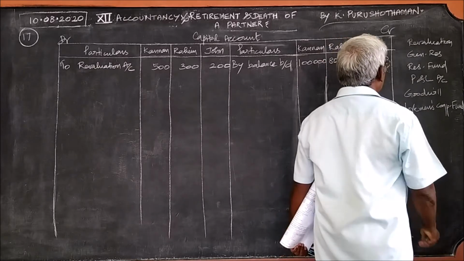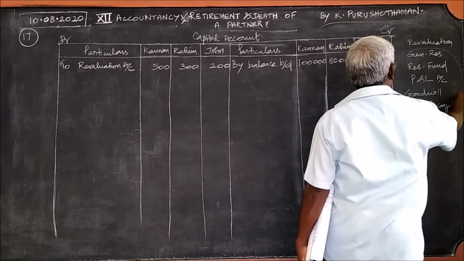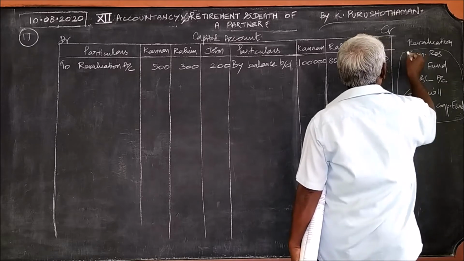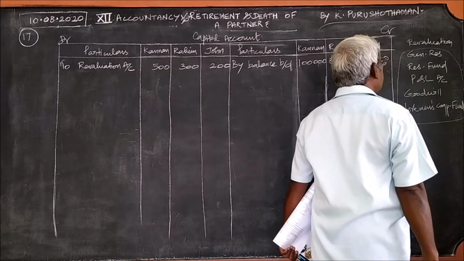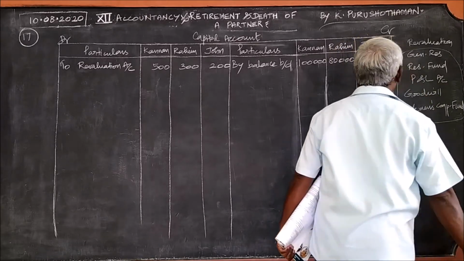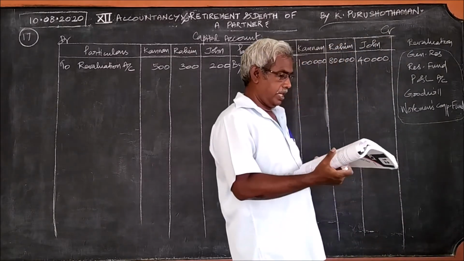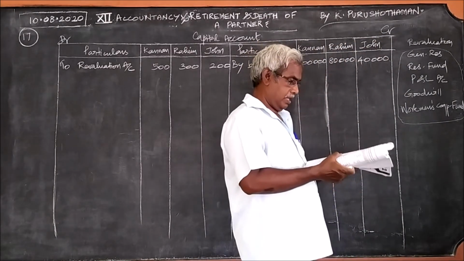But out of the other 5, whichever items appear in the problem should be considered for this capital account. So what are the items appearing in it?